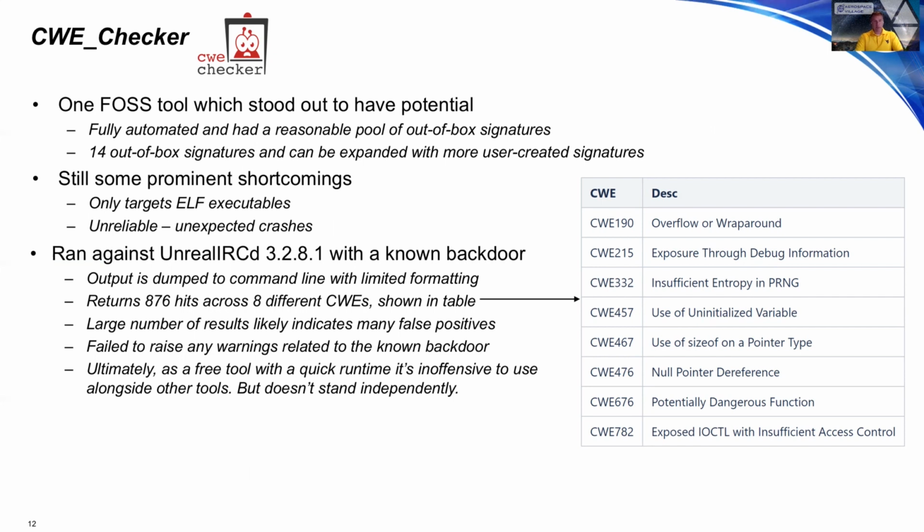So at a minimum, it's probably worth throwing into the tool set just to see what you get out of it, but don't put too much stock in what you get out of it, at least from the work we were looking into for the things we analyzed.